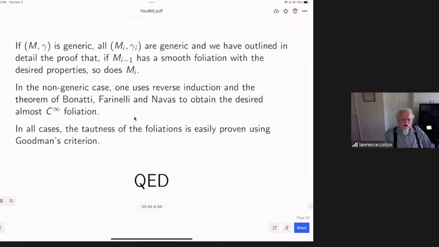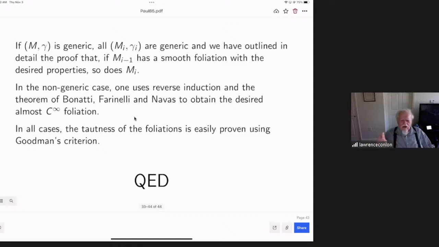Now, if M, gamma is generic, all of the M_i, gamma_i's are generic, and we've outlined a detailed proof that if M_{i-1} has a smooth foliation with the desired properties, so does M_i. In the non-generic case, one has to use reverse induction and the theorem of Bonatti, Firmo, and Navas to obtain the desired almost C infinity foliation.